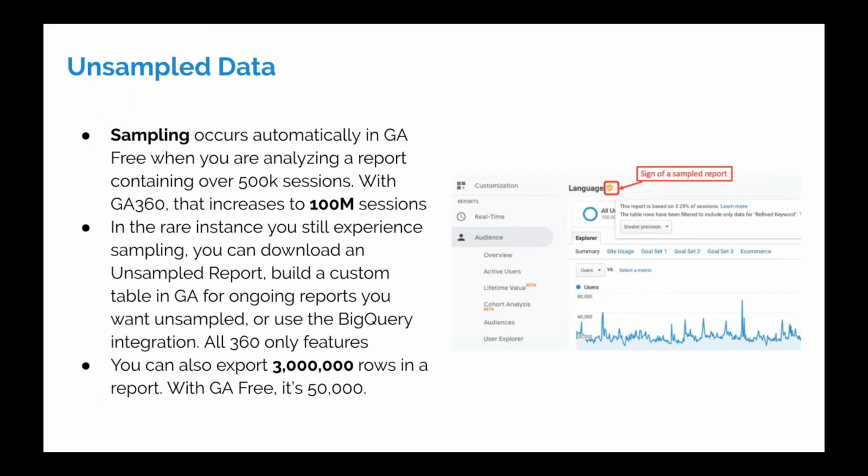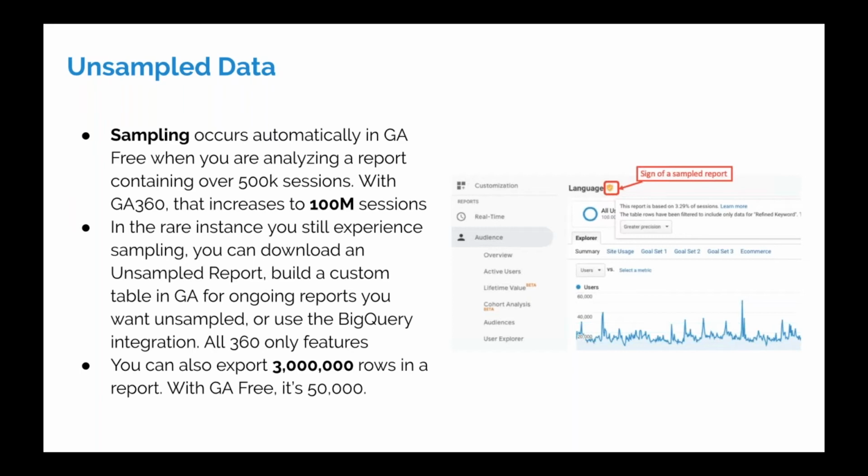Whenever you see that check mark, you know that your data, unfortunately, is being sampled. That generally means it's a little bit less reliable. They're trying to make inferences on a small sample of data and tell you what's actually happening on your website.